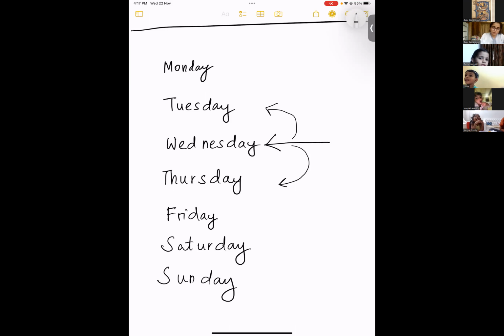So what will be the day after tomorrow? Friday is the day after tomorrow. And what was the day before yesterday? Monday. Very good. You know this? You also know, Kavya? Okay, fantastic.